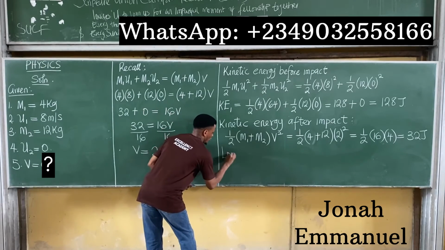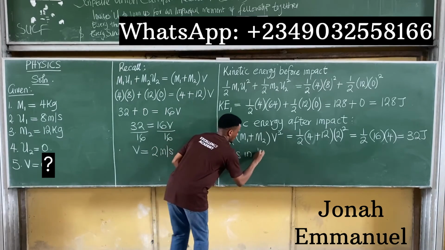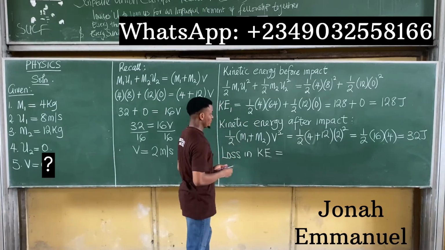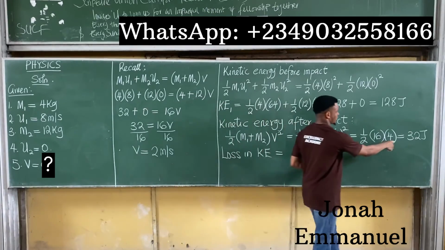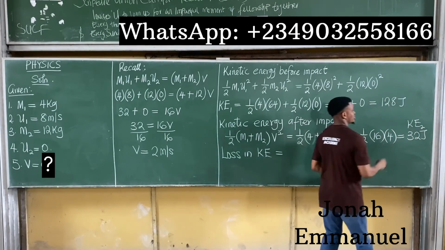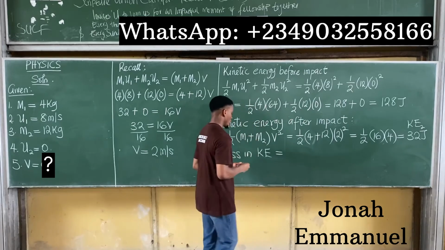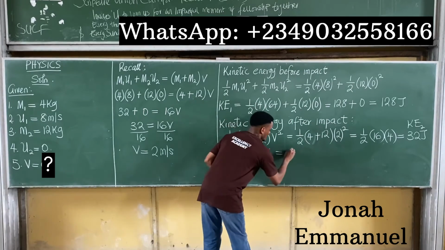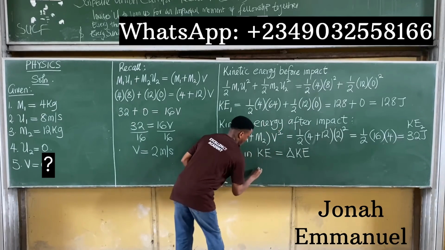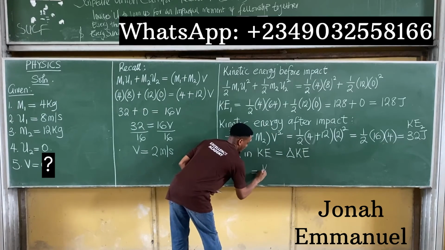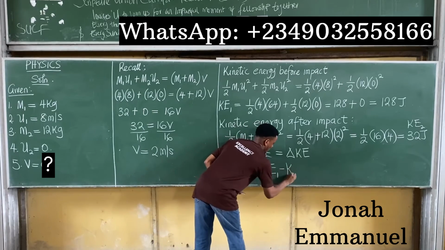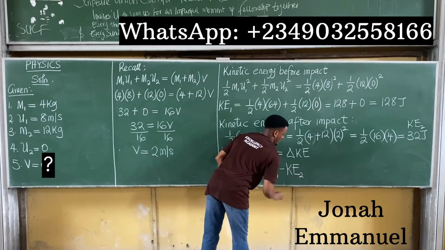So we can say the loss in kinetic energy is equal to, let's call this one KE2, that's the kinetic energy after collision. The loss in kinetic energy will be equal to the change in kinetic energy, and that's equal to the kinetic energy before impact minus the kinetic energy after impact.